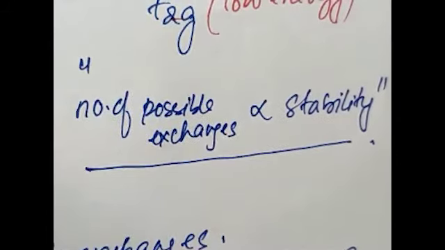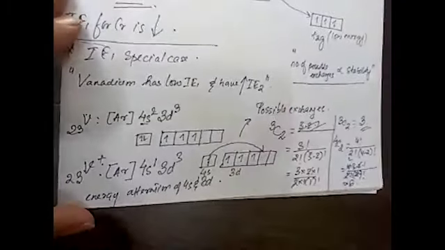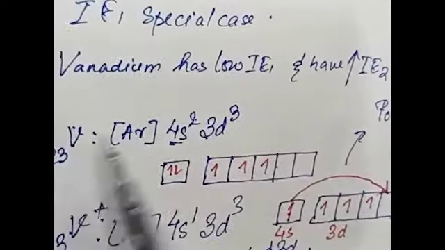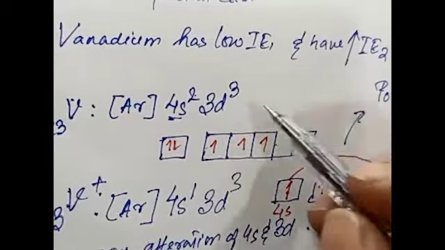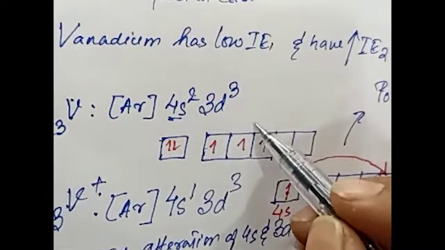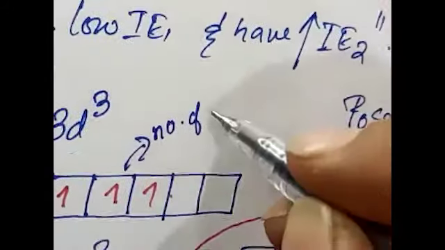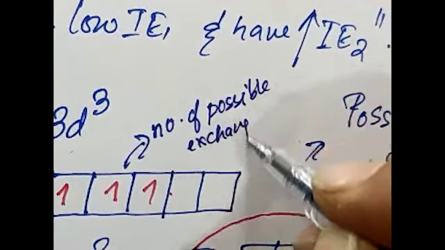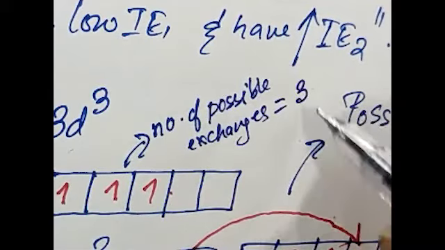Fine. So that's why in case of vanadium, what happens, the question is, after one electron leaves, vanadium earlier had only 3 unpaired electrons, so the number of possible exchanges was 3C2, that is 3 only.